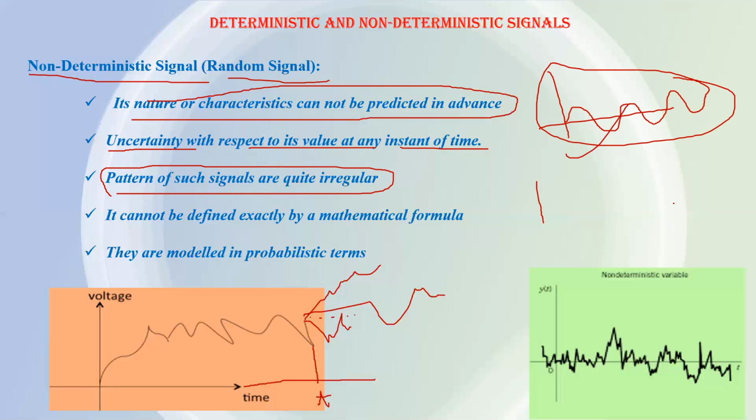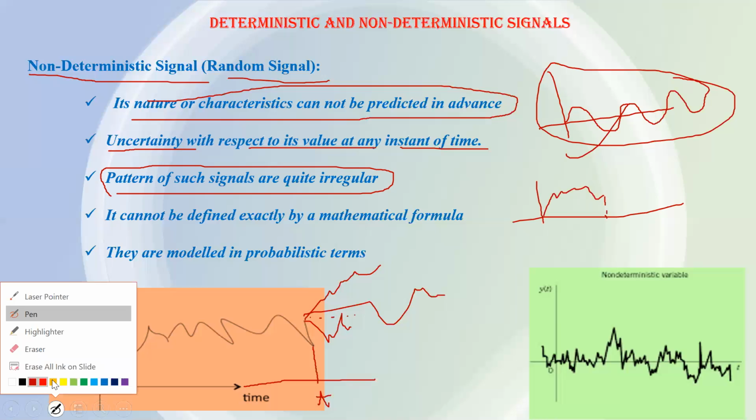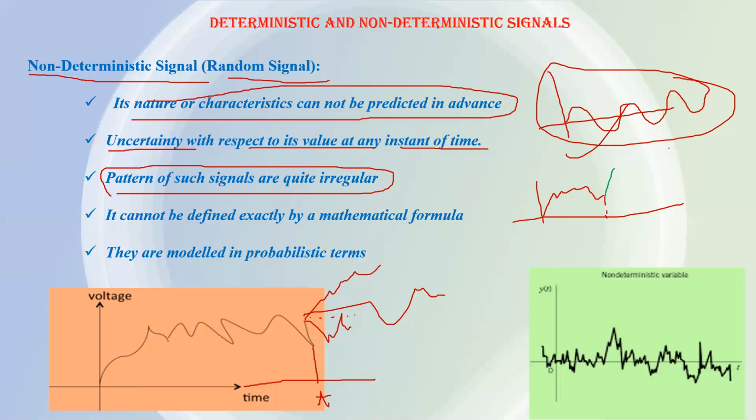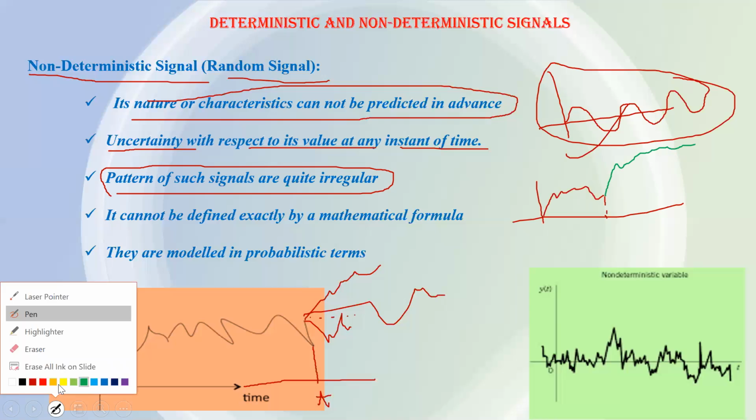But what will be its pattern after this point? Can you predict what will be its pattern after this point? It can be like this after this point, or it can be like this.